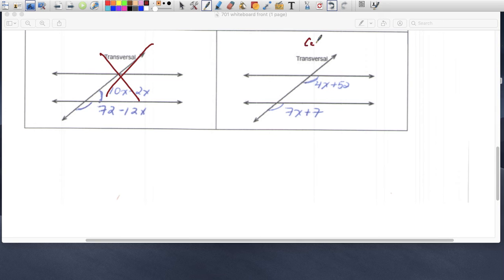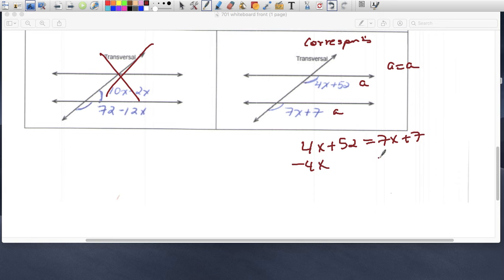Again, these are corresponding. So if corresponding, this is A and this is A, so they're A equal A, right? So we can write 4x plus 52 equals 7x plus 7. Minus 4x, minus 4x. 52 equals 7x minus 4x, which is 3x, plus 7.